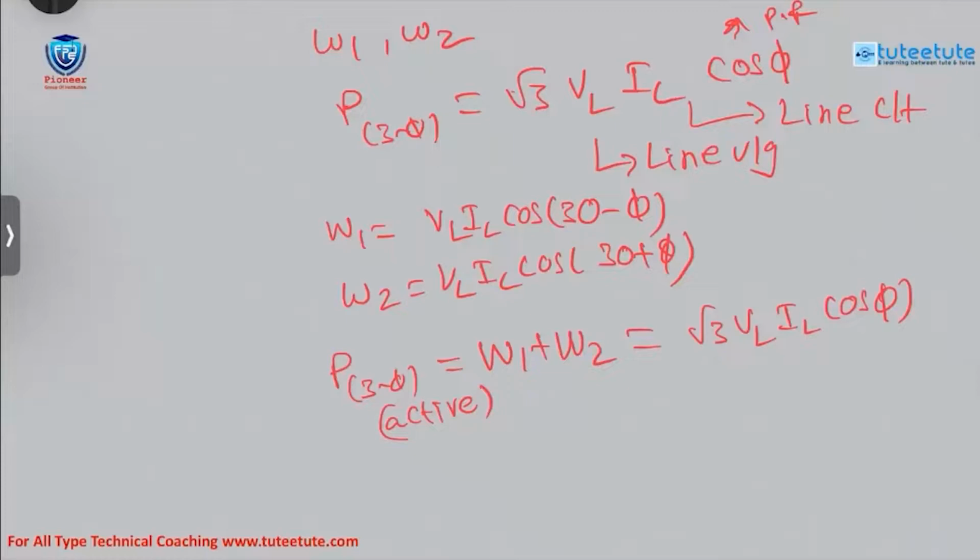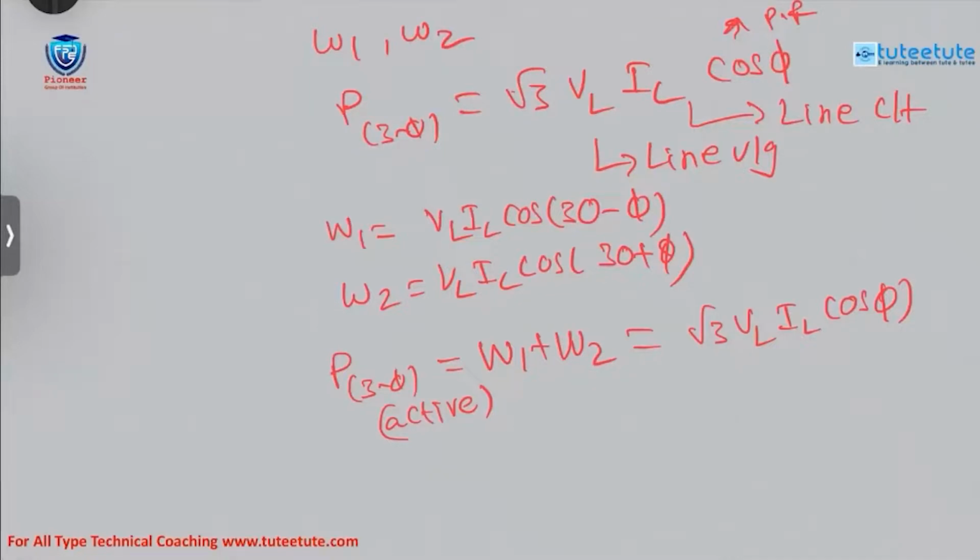What is meant by active power and reactive power? This also we will study in networks only, sir. Okay, for the time being, active power means the actual power we are going to utilize for conversion to output. Reactive power means for production of a magnetic field, we need some extra power. That power is called reactive power.